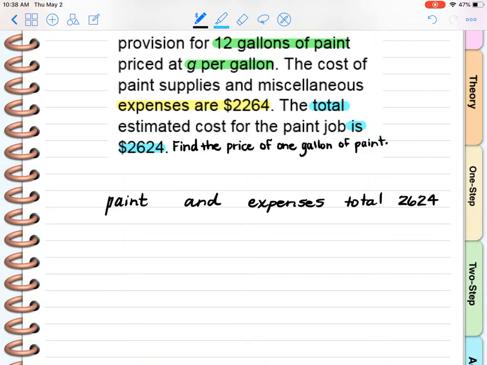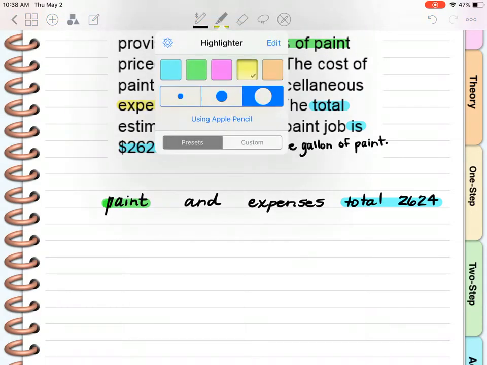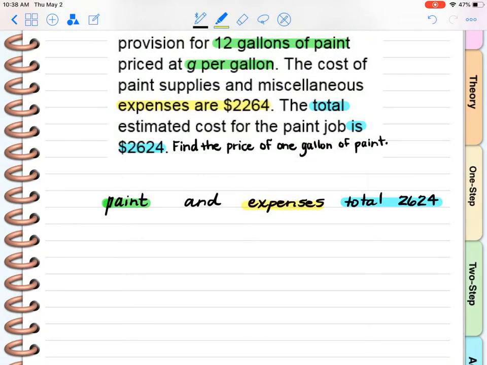So if we're looking at this with color, there's the blue part, there's the green part, and here's the yellow part. And we have to know that the word "and" means plus. Total means equal.